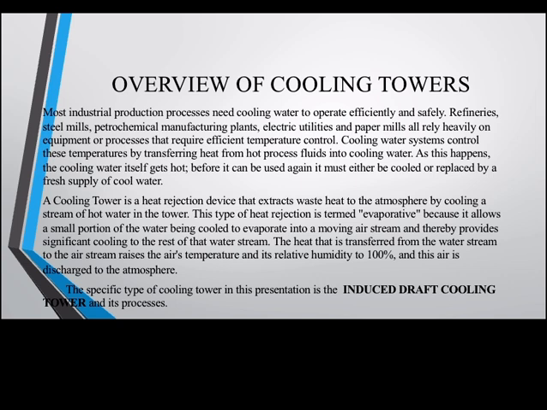This type of heat rejection is termed evaporative because it allows a small portion of water being cooled to evaporate into a moving airstream and thereby provides significant cooling to the rest of that water stream. The heat that is transferred from the water stream to the air stream raises the air's temperature and its relative humidity to 100%, and this air is discharged to the atmosphere.